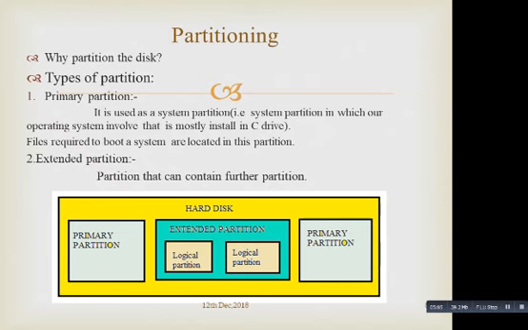The difference between logical and physical partition is that a logical partition is a partition which is further divided, so we can make further groups of it. And a physical partition is one in which the different partitions are merged or combined to give a single disk.